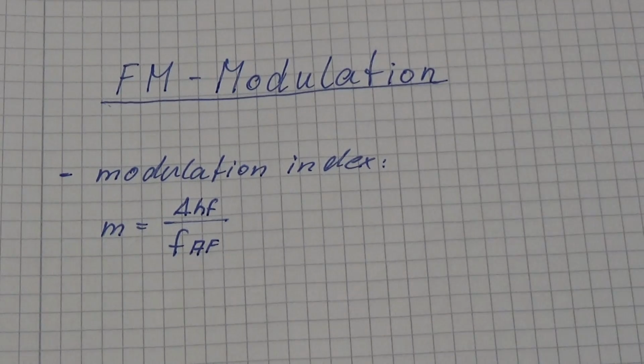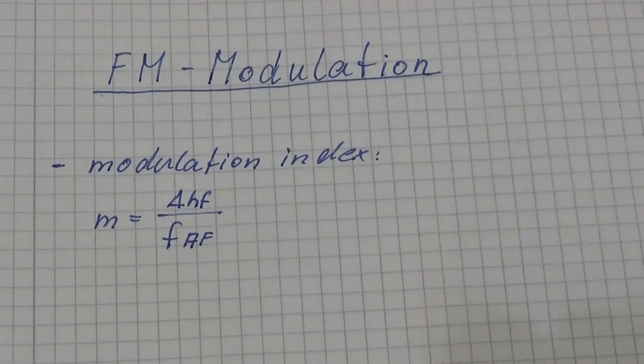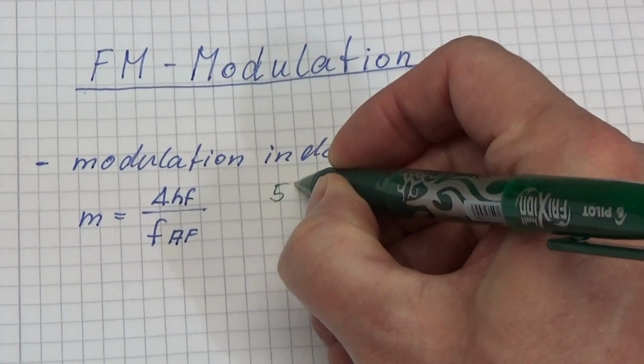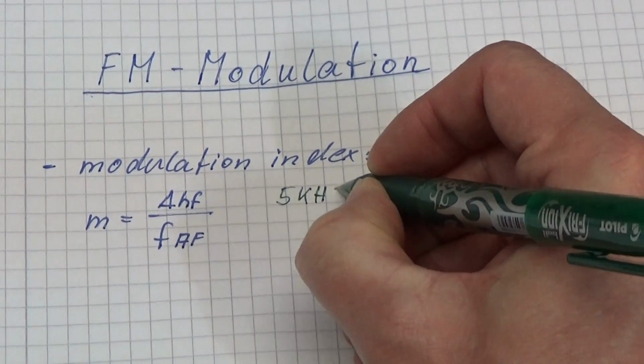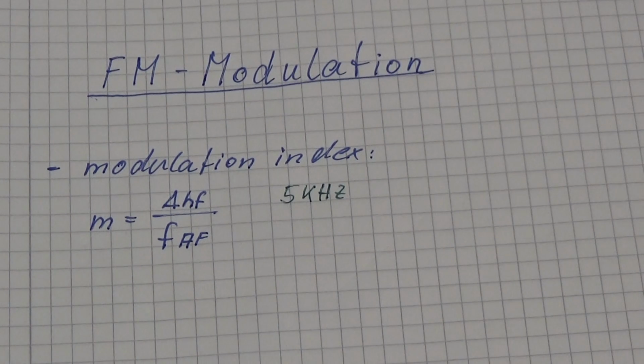But first of all, one example. So delta HF, our deviation, may be 5 kilohertz, so that is not abnormal. That is for FM radio, for VHF, UHF radios.